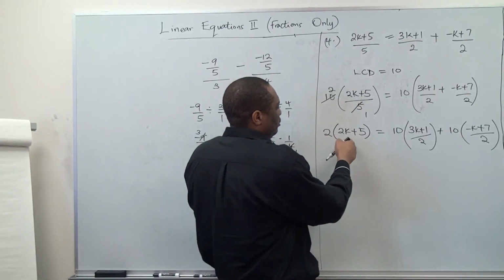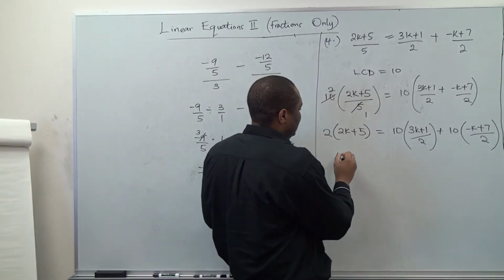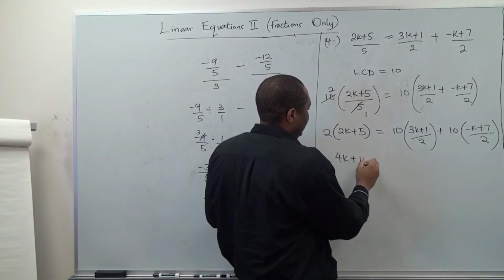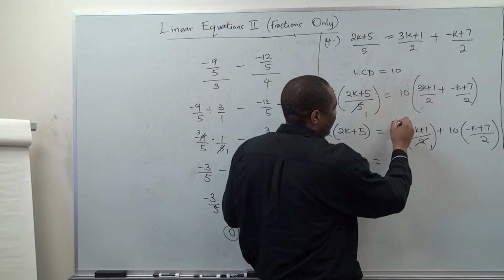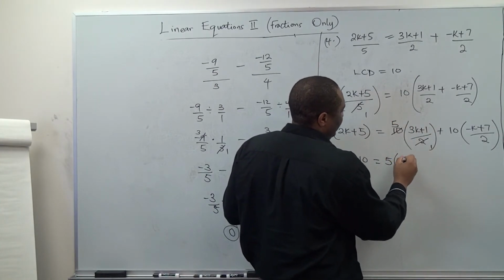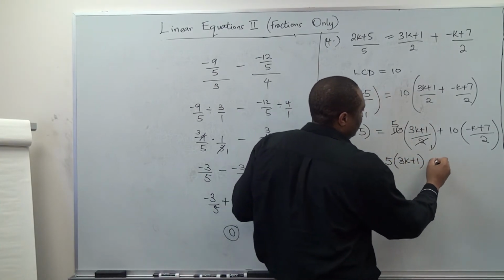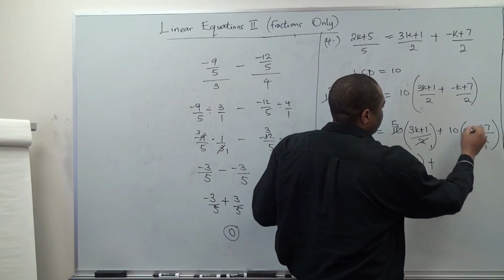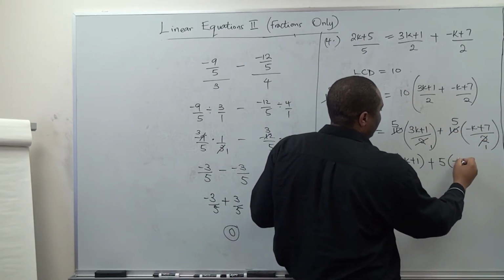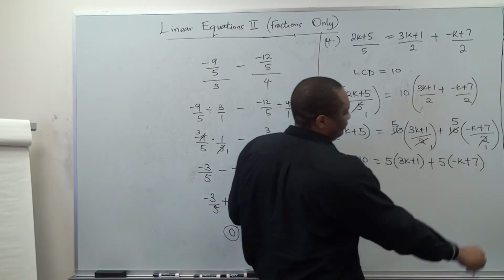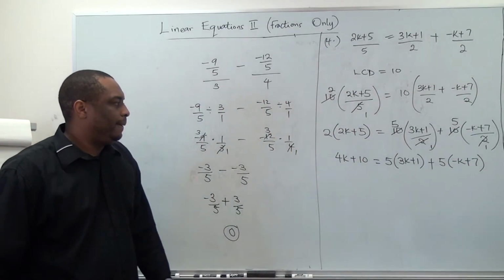If you distribute this, this is 4k + 10 equal to 2 divide 2, 1, 2 divide 10, 5, 5 into (3k + 1), plus 2 divide 2, 1, 2 divide 10, 5, 5 into (-k + 7). Right?